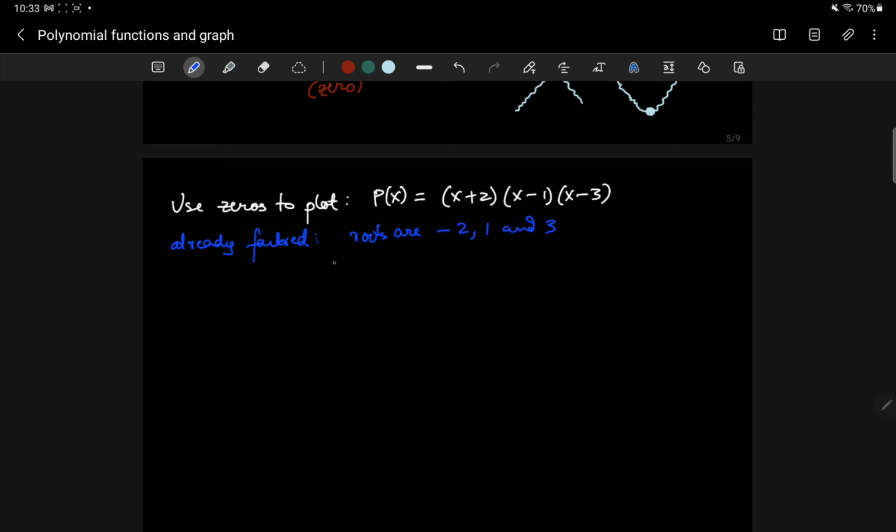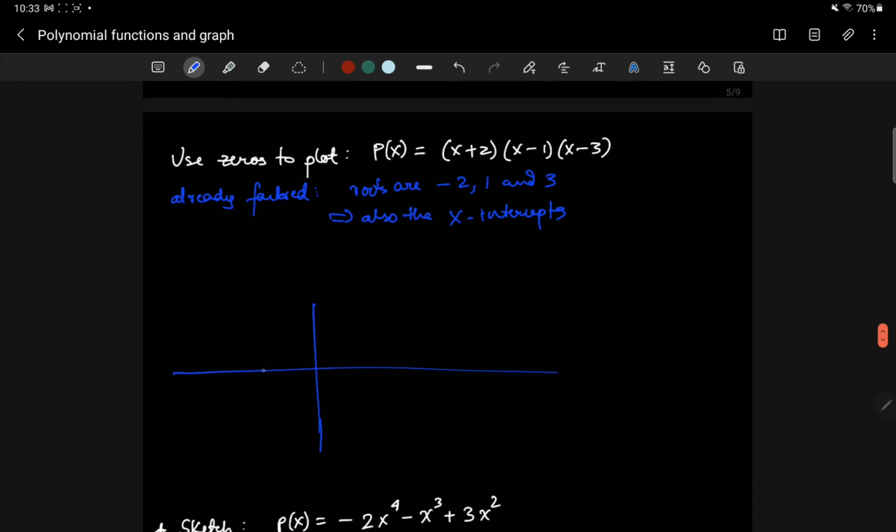But since these are the roots, these are also the x-intercepts, which means that I have 3 x-intercepts in this graph. There's an x-intercept at -2, there's one at 1, and one at 3.